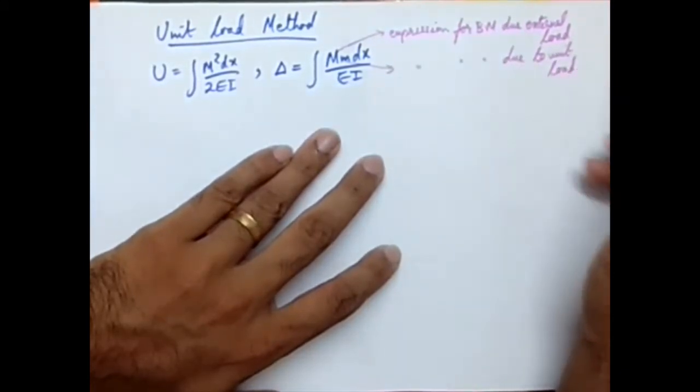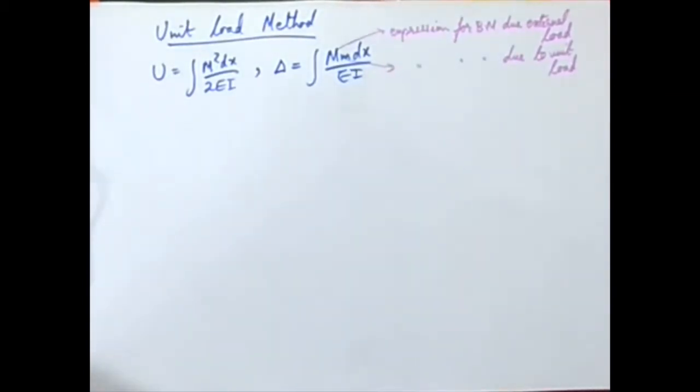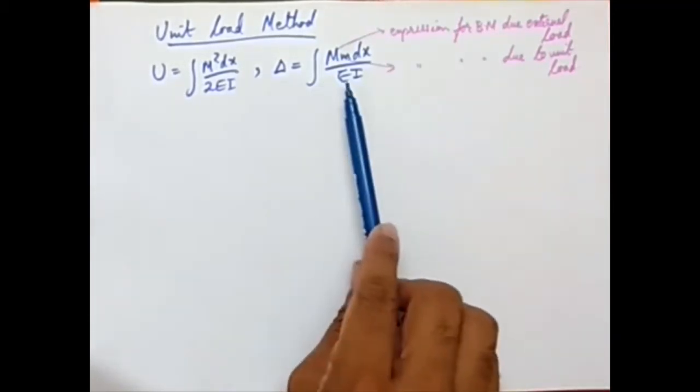And we are the ones who will decide where the unit load should be applied, in which direction, and the type of unit load, because depending on the type of unit load, the result we extract from the same equation is different.